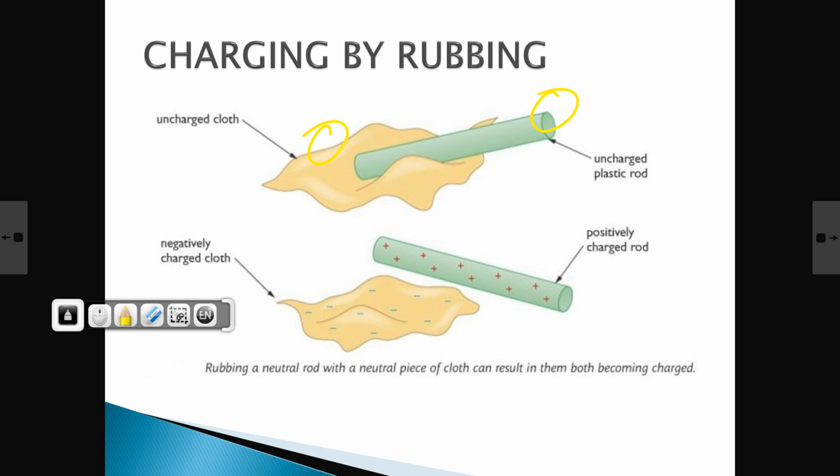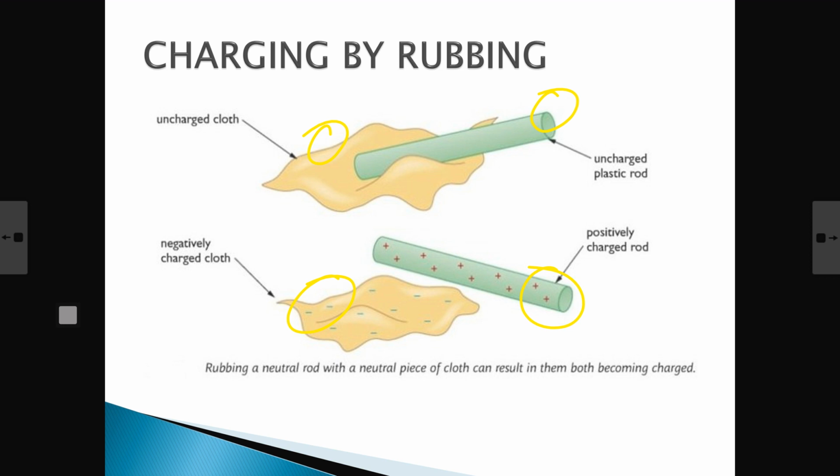After rubbing, the rod becomes positively charged and the cloth becomes negatively charged. This is known as charging by friction, also known as charging by rubbing. The charge obtained here is also known as frictional electricity.